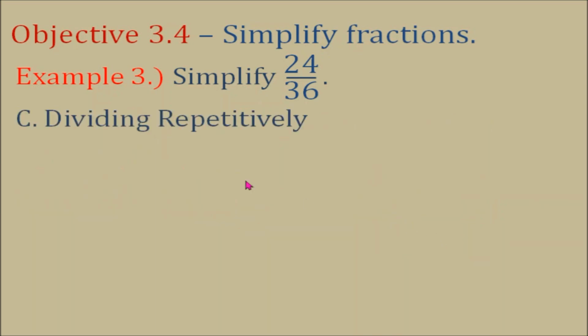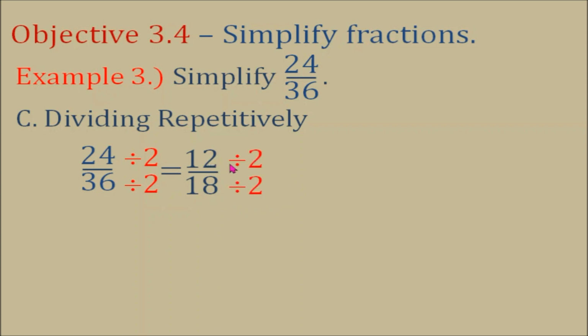And this is another way, dividing repetitively. How is that? First, we think of a number that can divide both the numerator and the denominator. Say 2. So 24 divided by 2 is 12, and 36 divided by 2 is 18. Now we continue dividing.